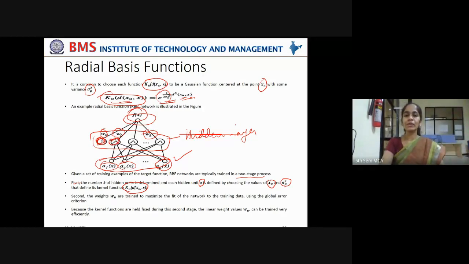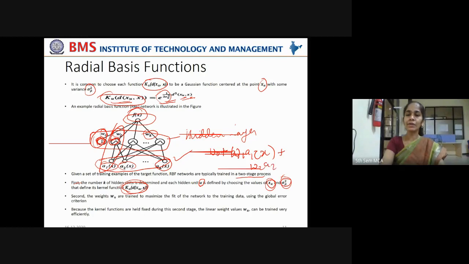Each of those units is defined by using this xu and sigma mu square and the kernel function K. Okay, so that will form a linear equation like W naught, that is this term, plus W1 A1 of x, that is the combination of this term, plus W2 A2 of x, that will form the next term, and so on.